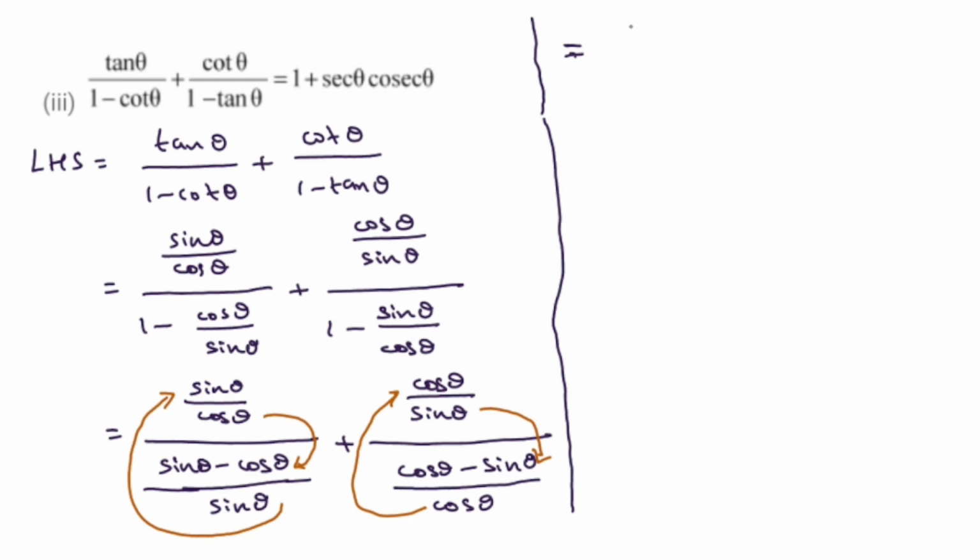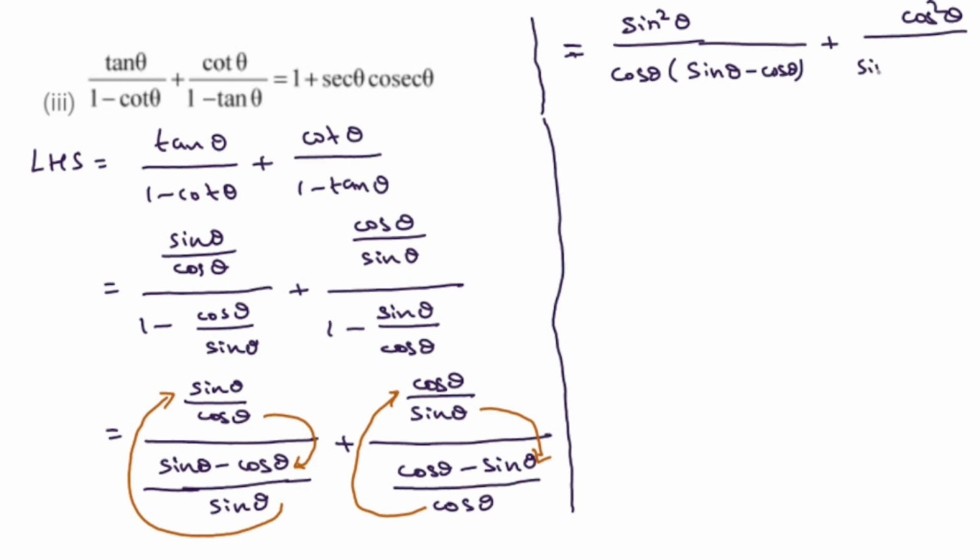Therefore, sin theta into sin theta is sin square theta divided by cos theta into sin theta minus cos theta, plus cos theta into cos theta is cos square theta divided by sin theta into cos theta minus sin theta.